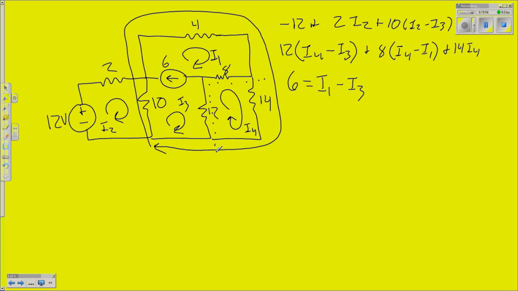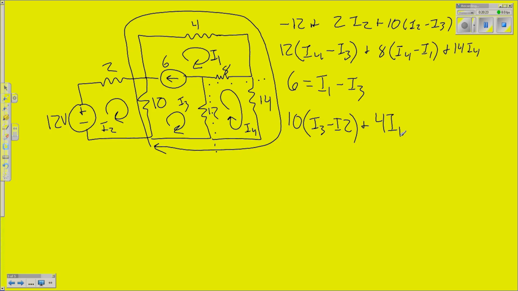Okay, so let's do this one. This is a big one. Alright, so first we'll take the 10 ohm. So we go 10 times I3 minus I2, which is just the voltage on that 10 ohm resistor. We go up to the 4, and all we have touching it is I1.